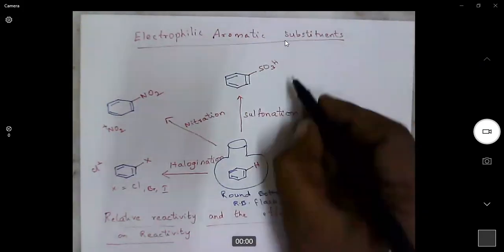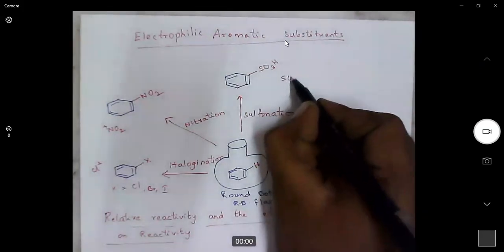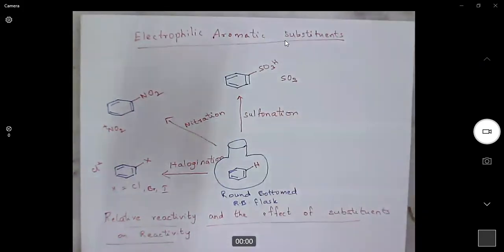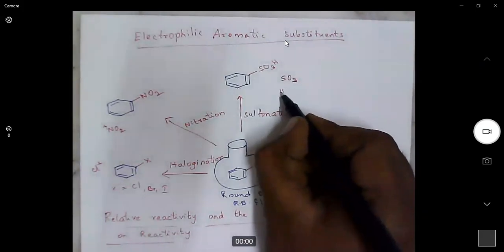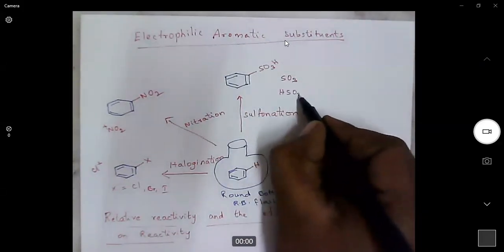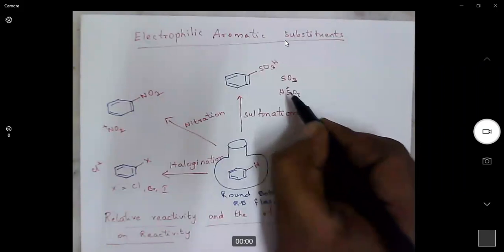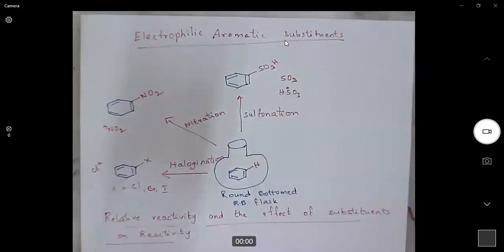Here we can use a neutral sulfur trioxide as an electrophile, or a positively charged HSO3 plus. We can use any of these two electrophiles in sulfonation reaction.